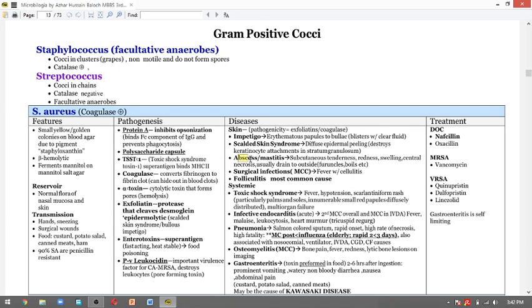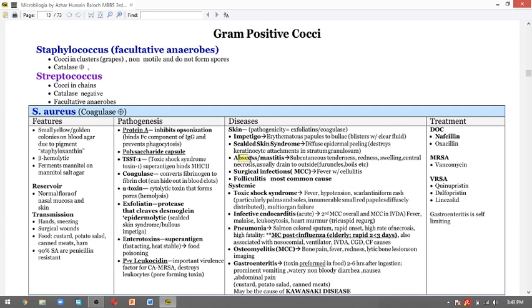While for pneumonia, we can see salmon-colored sputum, rapid onset, high rate of necrosis, high fatality. It also causes pneumonia wherein salmon-colored sputum is formed. The most common post-influenza infection is also seen with Staph aureus, in the elderly people, with rapid course over 2 or 3 days.